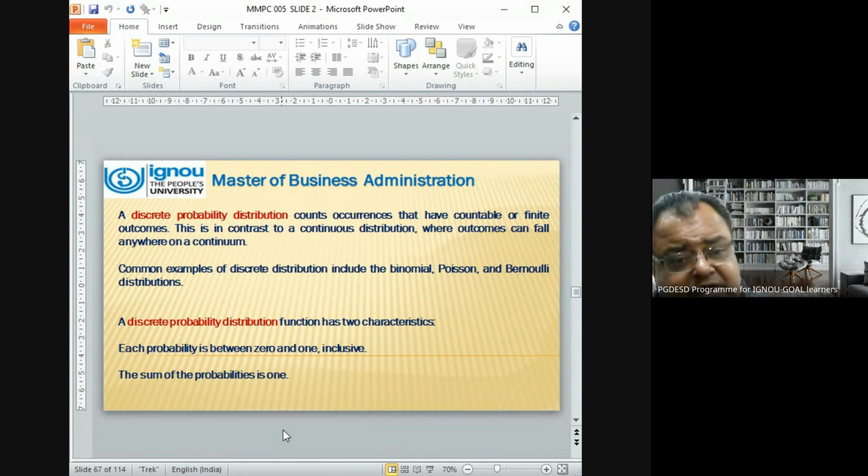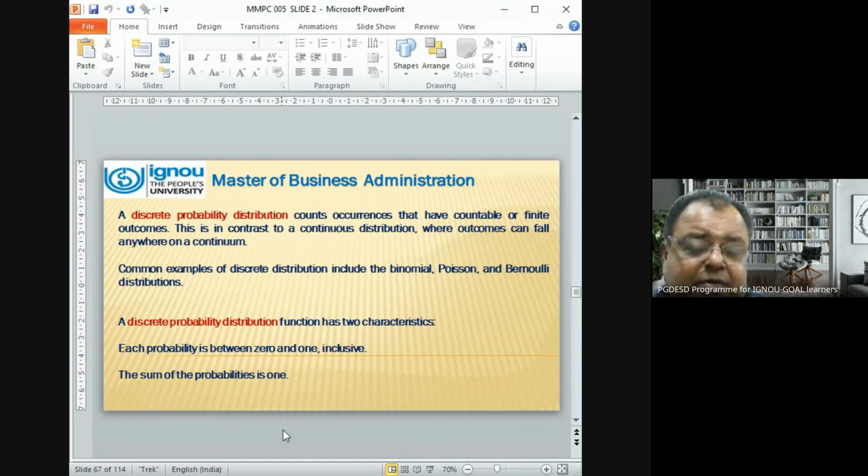This is in contrast to a continuous distribution where outcomes can fall anywhere in the continuum. Common examples of discrete distributions include the binomial, Poisson, and Bernoulli distributions. We will see how these are applied in probability distribution.